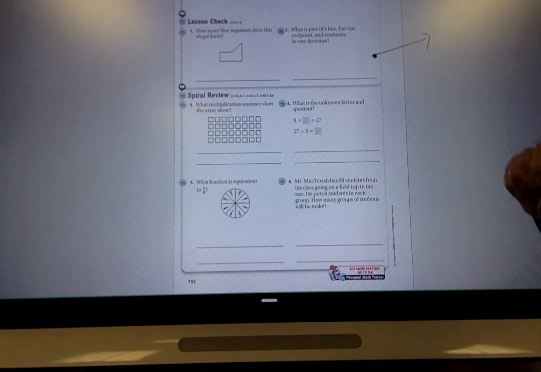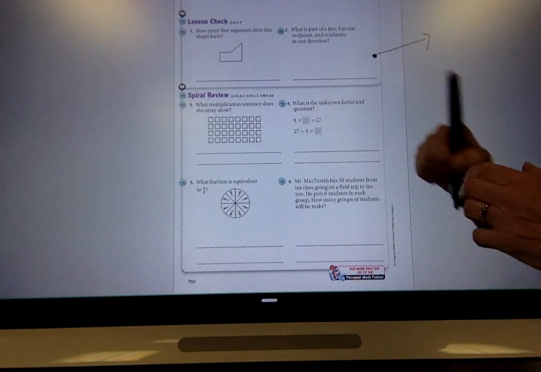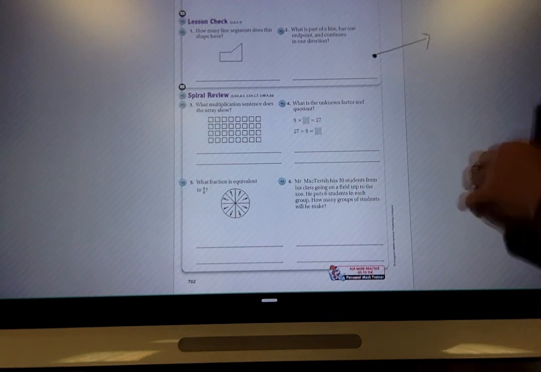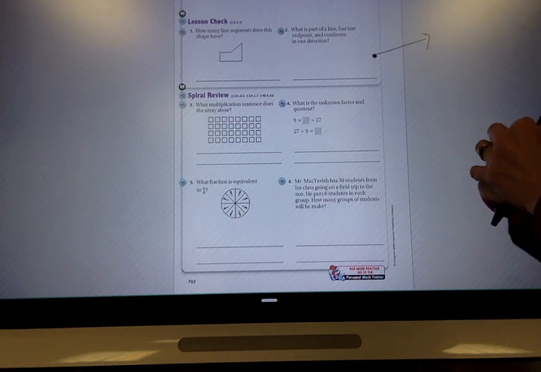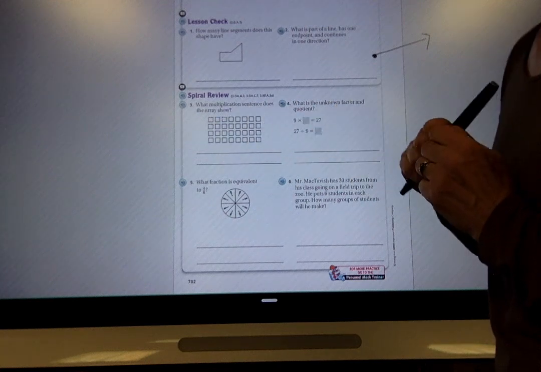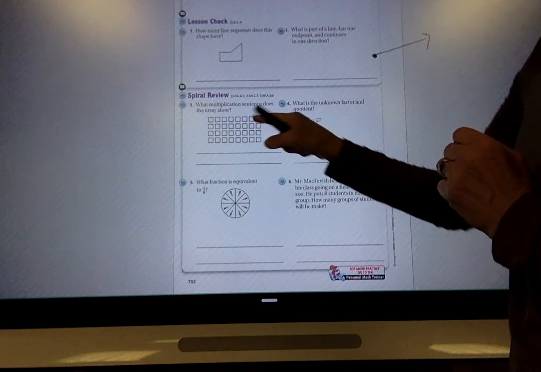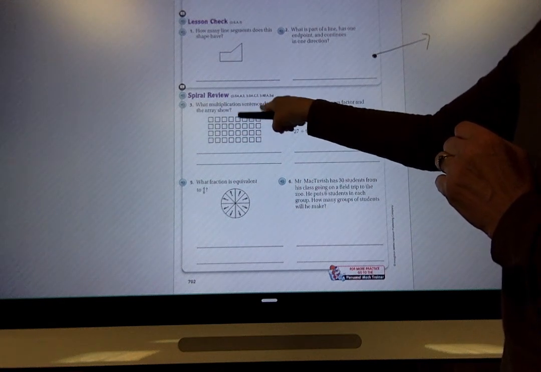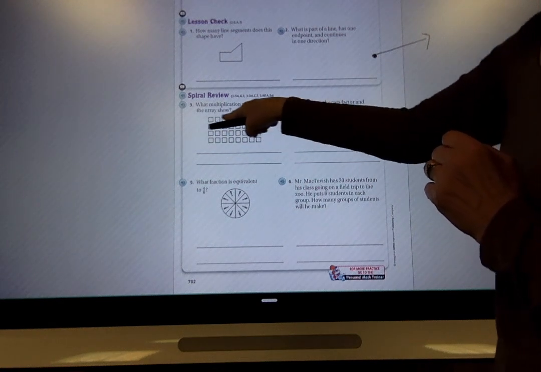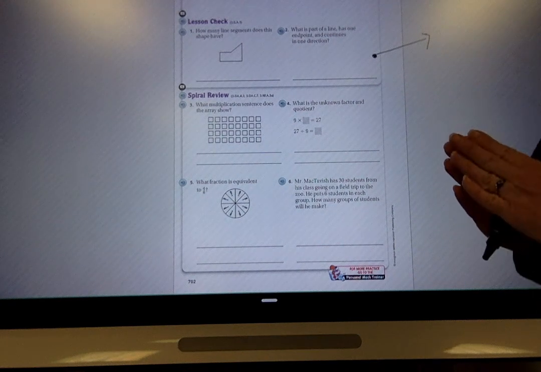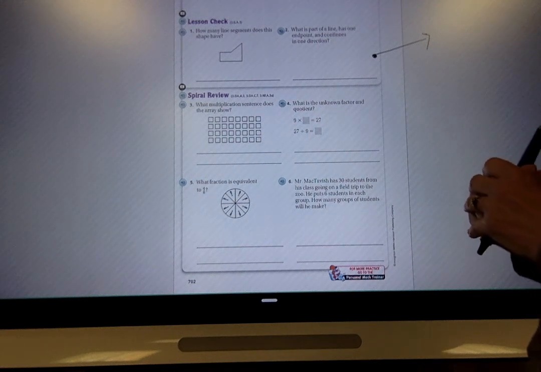What is the name of that? Number 3, we have an array, and we need to write a multiplication sentence to show what this array is telling us. So we're going to count the numbers of columns, 1, 2, 3, 4, 5, 6, 7, 8, and the number of rows, and we're going to multiply. You write out the multiplication problem with the answer.